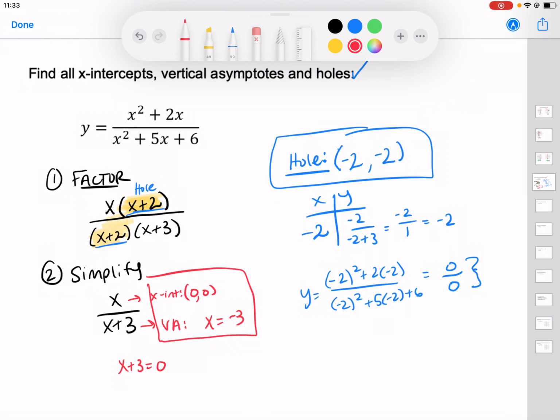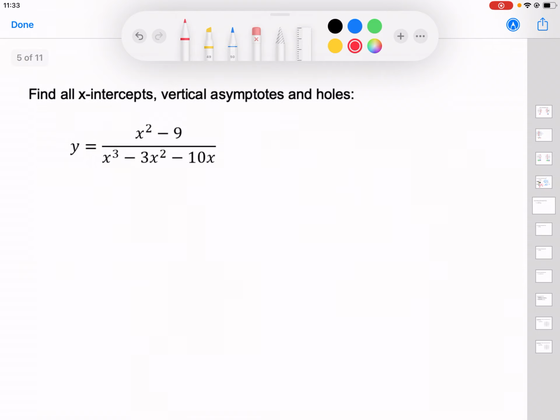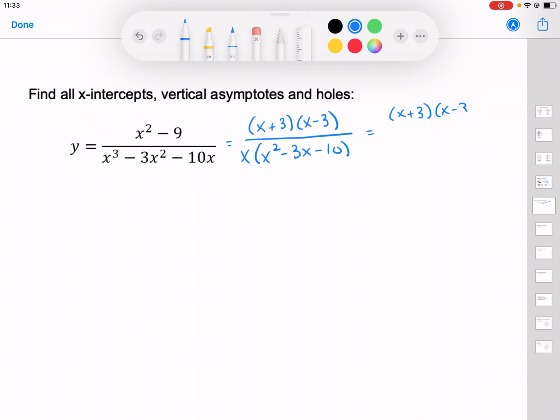So let's go ahead and do another problem. So once again, here's another one. We're going to go ahead and factor first. So the numerator factors to x plus 3, x minus 3. The denominator, I can take an x out, and then I have x squared minus 3x minus 10. And I'm going to factor that more, that's why I'm writing this down.